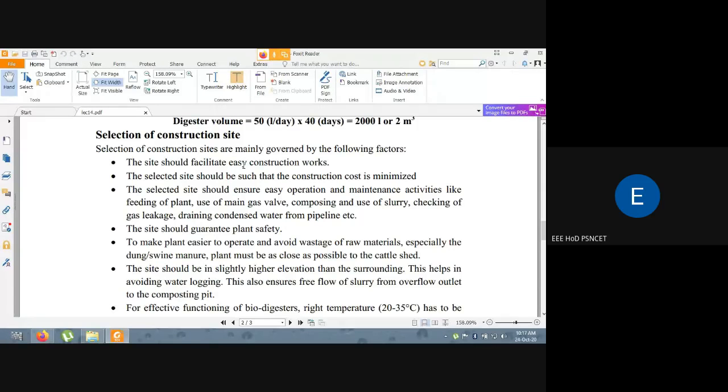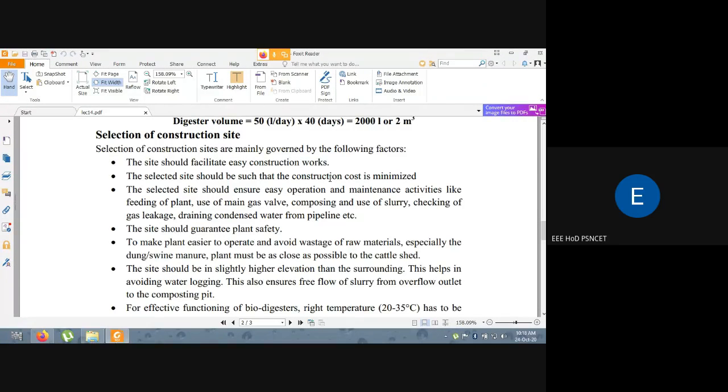To build a biogas plant, the land should not have any huge rocks, so it will be easier, with only soil available in the land. Then the site should be such that construction cost is minimized. Suppose the land has a lot of rocks, we need to drill those rocks.